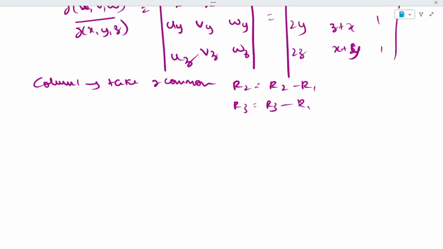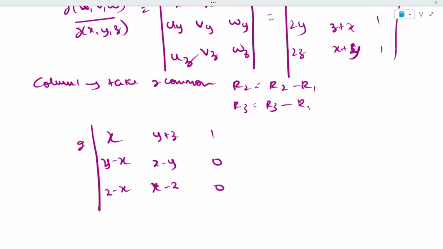The same way what you do in the determinants, you will be doing here. That means you will be taking out 2 common from the second column. Next is x. Here it will be y minus x, and next will be z minus x. Here it will be y plus z, 1, 0, 0. And here it will be x minus y, and here it will be x minus z.